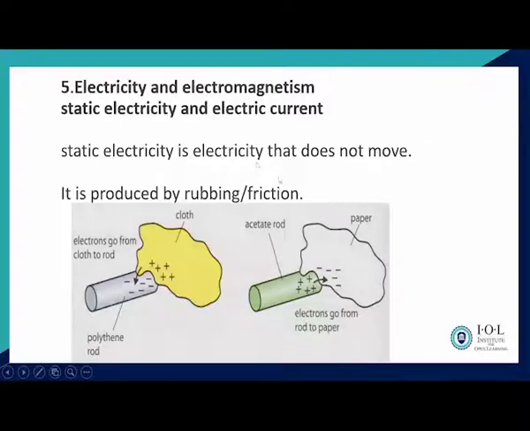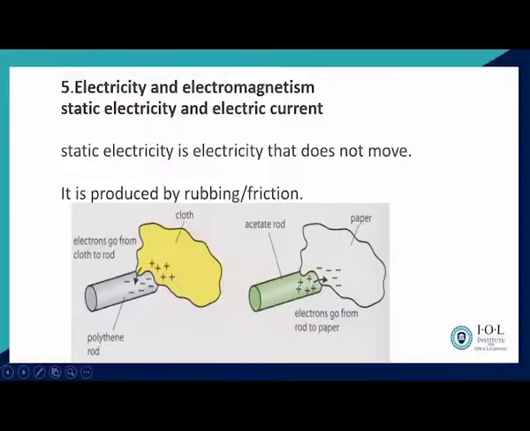How is it produced? How do we produce static electricity? It's produced by rubbing or by friction. When you are rubbing two materials together, between them there is friction, and then it results in charged surfaces or charged objects. For example, here you can see an example.